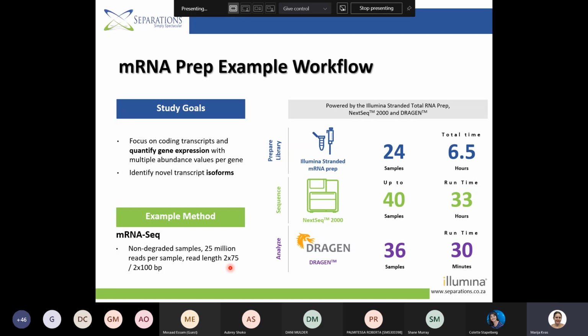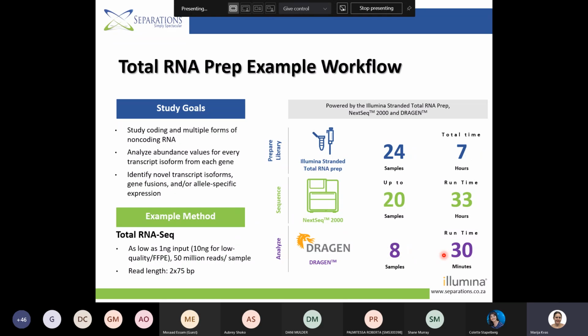Anything between 2 times 75 bases or 100 bases will be enough. If we do this experiment on the NextSeq 2000, you will notice that we can multiplex up to 40 samples. And again, I just want to show you that on DRAGEN, to analyze 36 samples, it will take 30 minutes, which is really ultra fast.